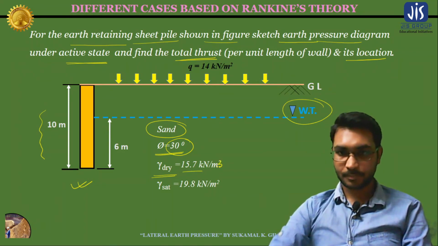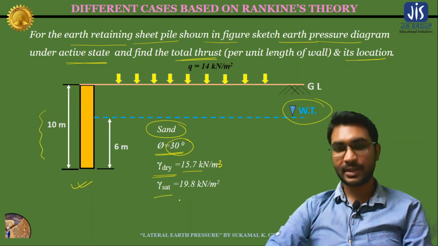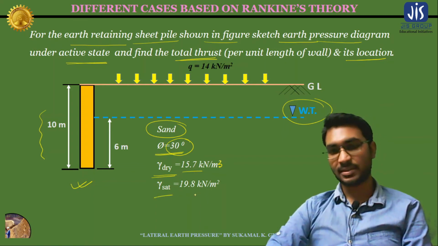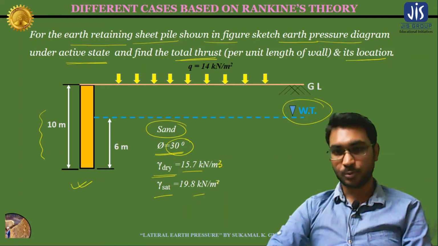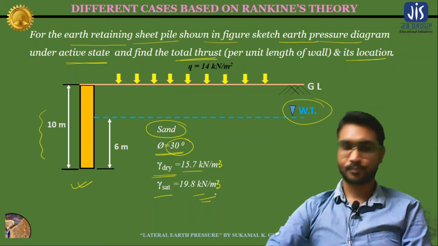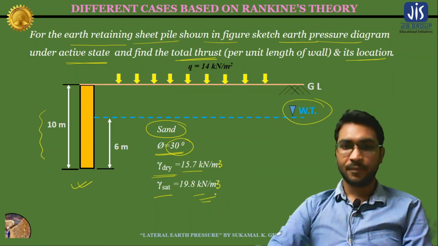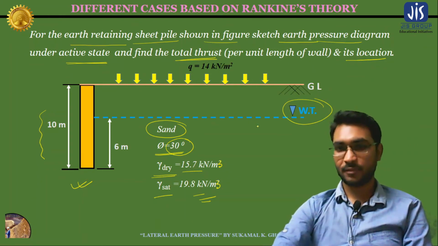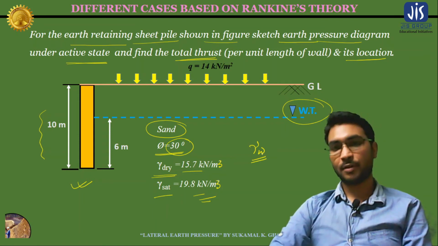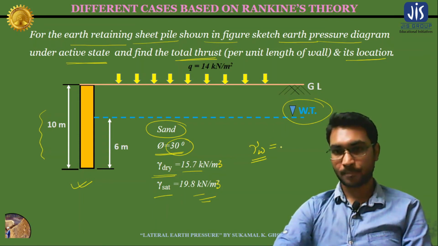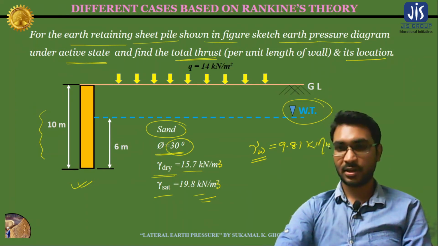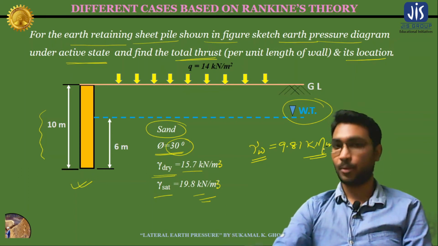Okay, and the saturated unit weight is 19.8 kilonewton per meter cube. And we need to assume the value of gamma W, that is the unit weight of water, as 9.81 kilonewton per meter cube if it is necessary somewhere in the problem.